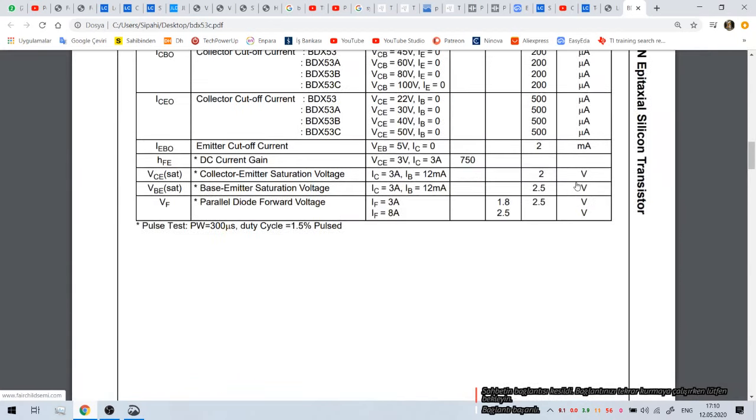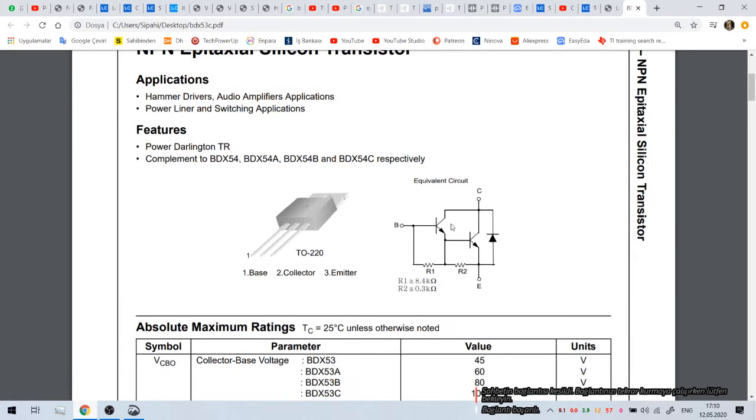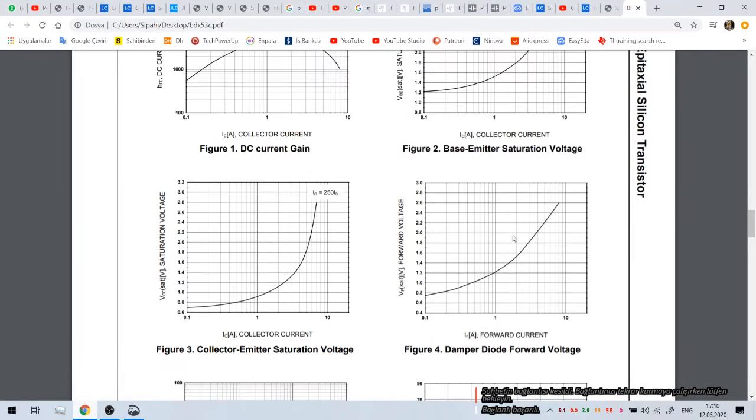Oh, this, yes. Because of these Darlington connections, we need much higher than 0.7 volt.